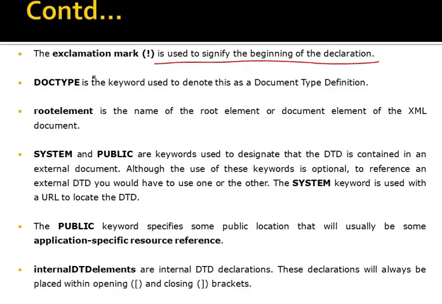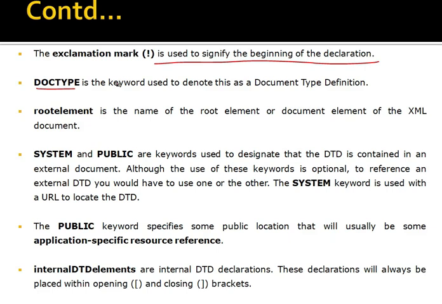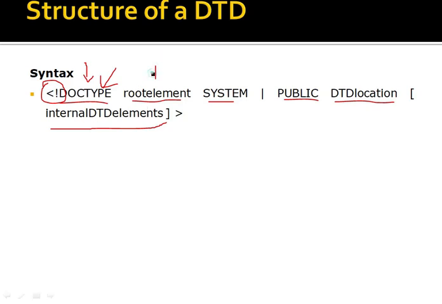Then DOCTYPE. DOCTYPE is a keyword used to denote that this is a DTD definition, and it is followed by a root element.